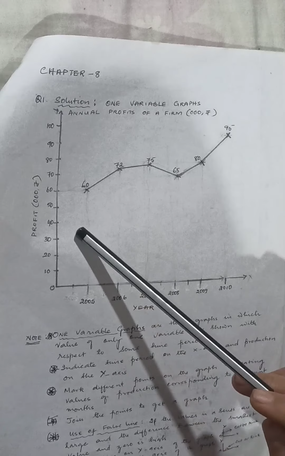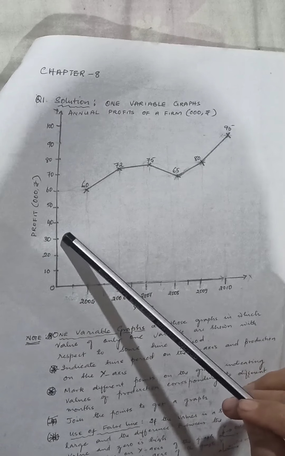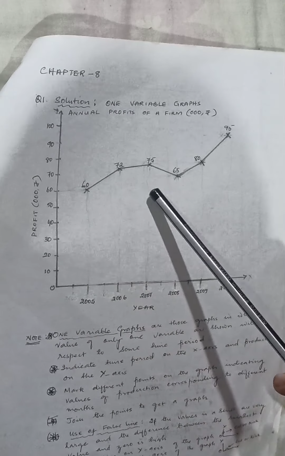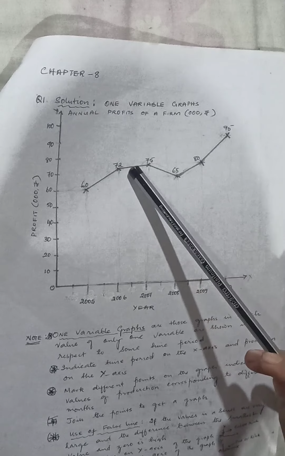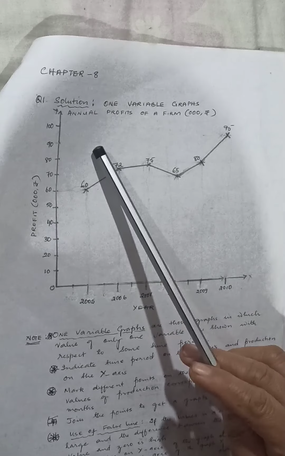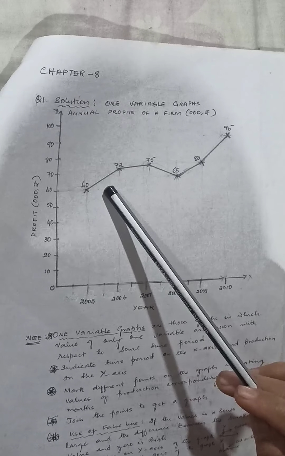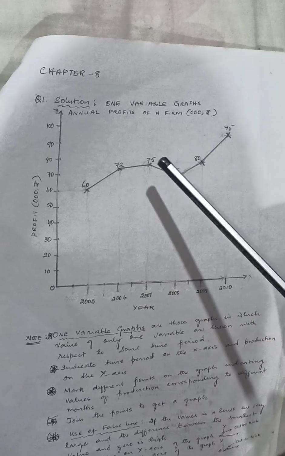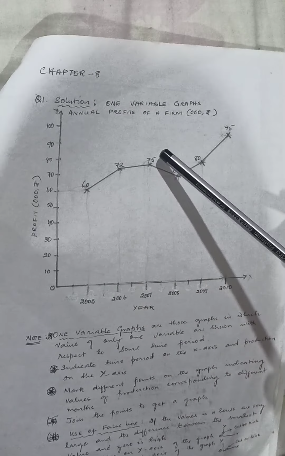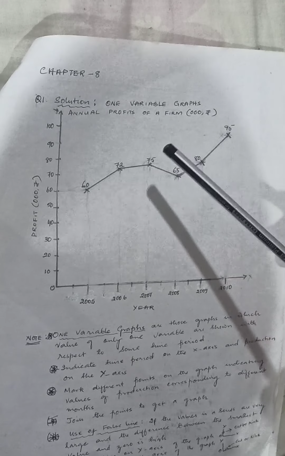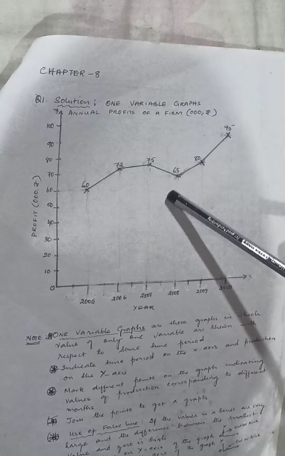Another very important thing is that when we draw a time series graph, we need to give a heading. The best thing is to first put up the table which is given in the question, and after that present the graph.